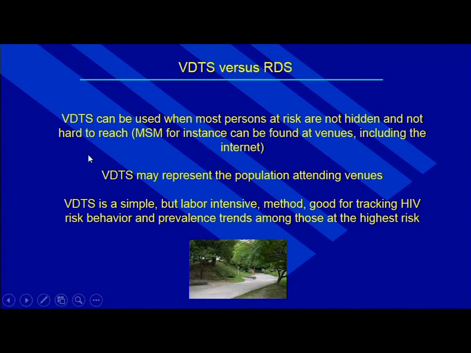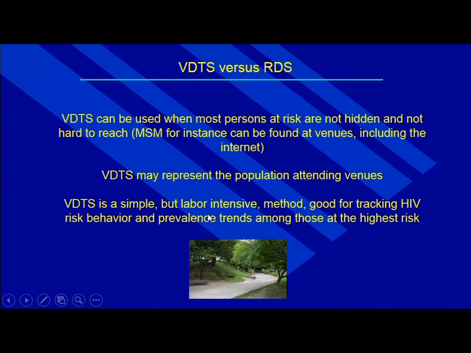Of course, VDTS is limited to the people we recruit at the venues, but actually those people may also be the ones that are in need of assessment and also in need of prevention the most.